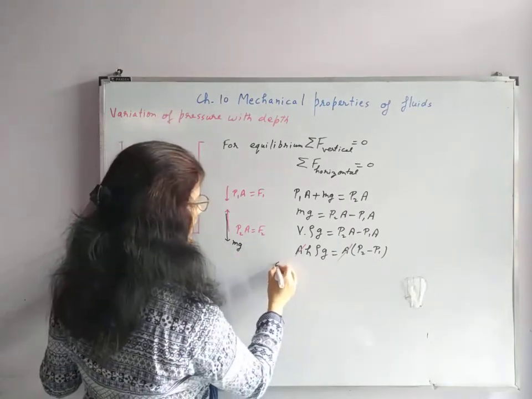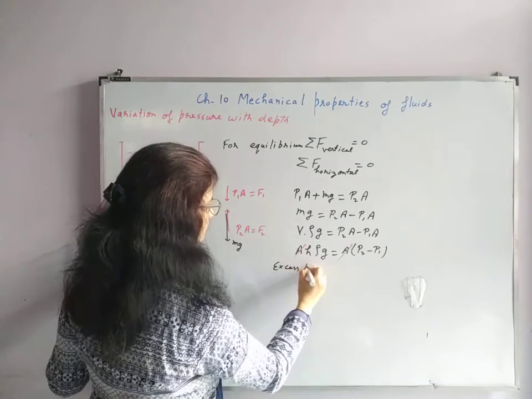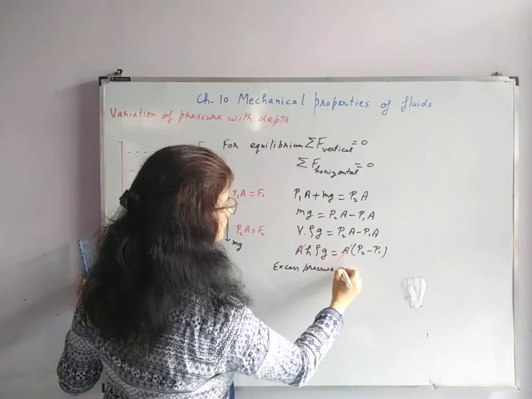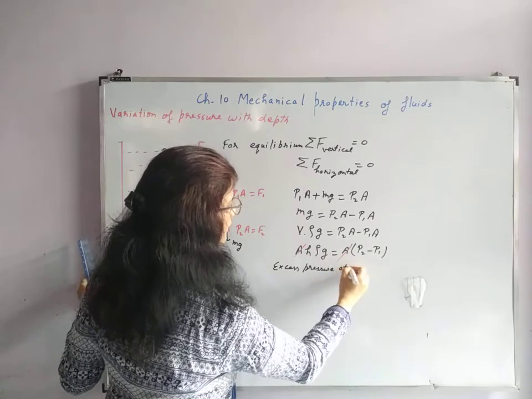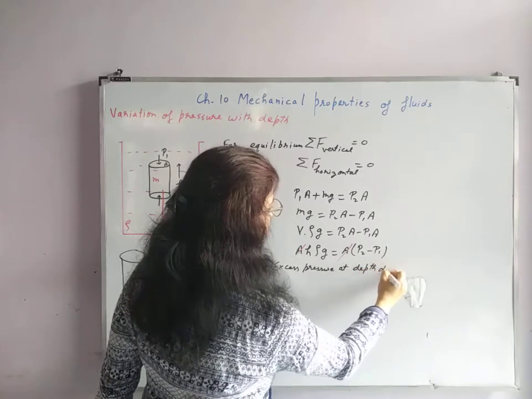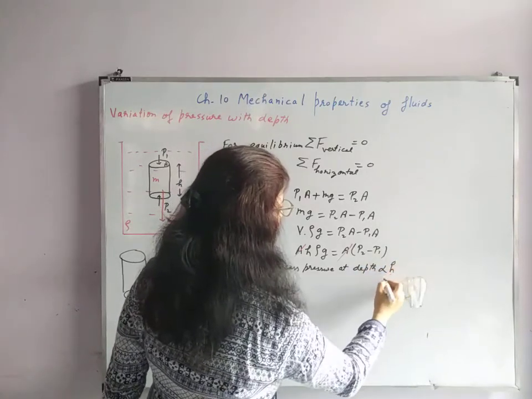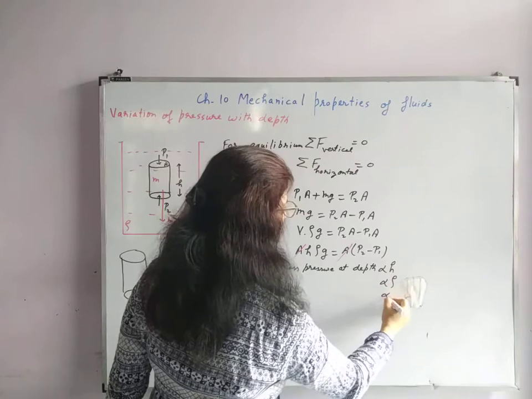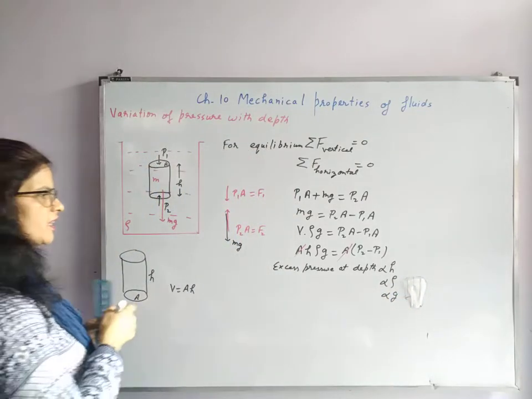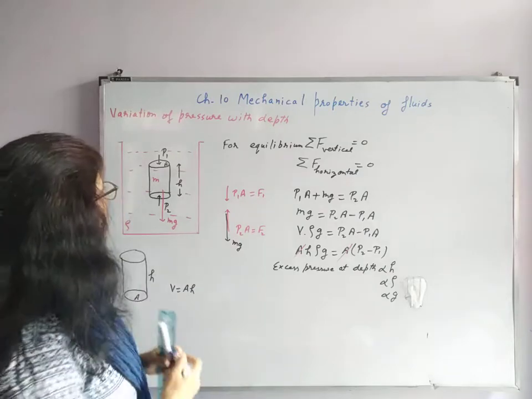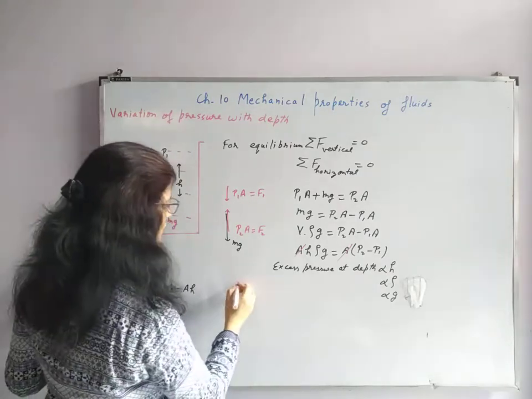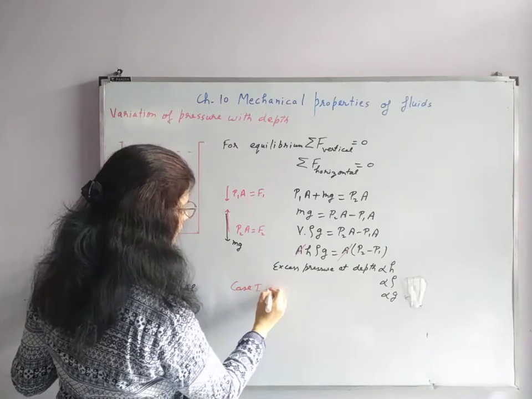That means excess pressure at depth is proportional to height, proportional to density, and proportional to g, right? And let's take a special case. If we take this cylinder to the surface, the upper surface of the cylinder to the surface. So we are taking case 1.